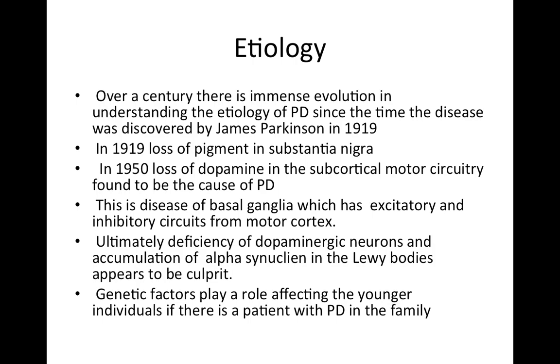In 1919, they found the loss of pigment in substantia nigra. They said this could be the cause for Parkinson disease. Subsequently, in 1950, loss of dopamine in subcortical motor circuitry was found to be the cause of Parkinson disease.